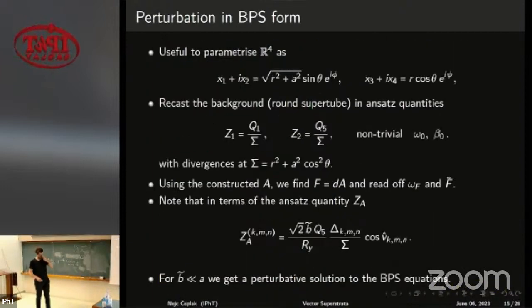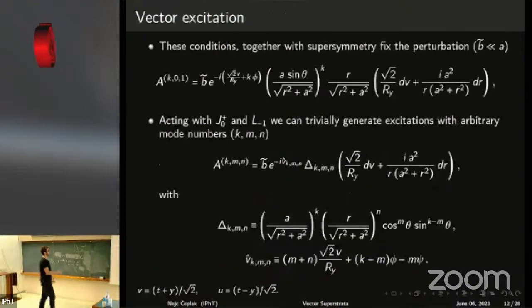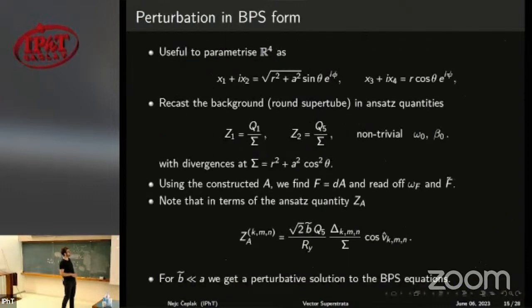Okay. How to write this perturbation? We saw that the perturbation can be written in this form. Now, the background can be rewritten using a certain coordinate system, which is just the generalization of what you use for Kerr. So you have this sigma. The sigma is adapted to have a ring singularity.